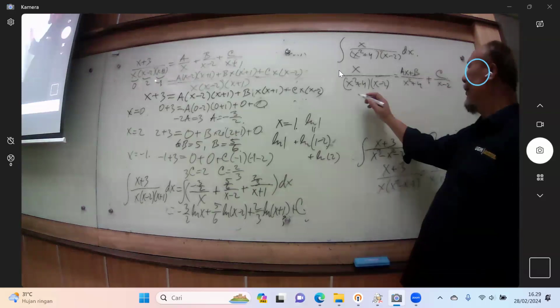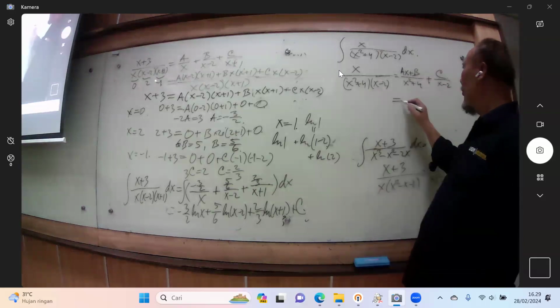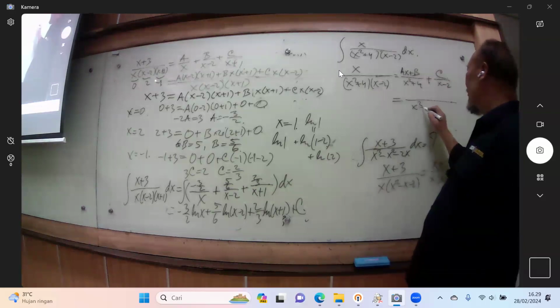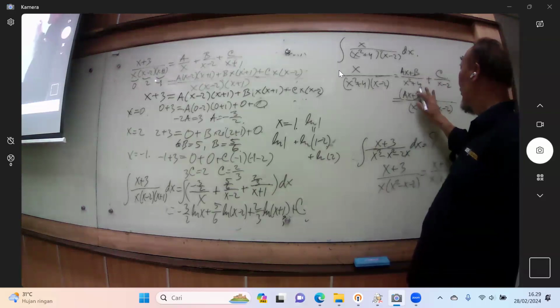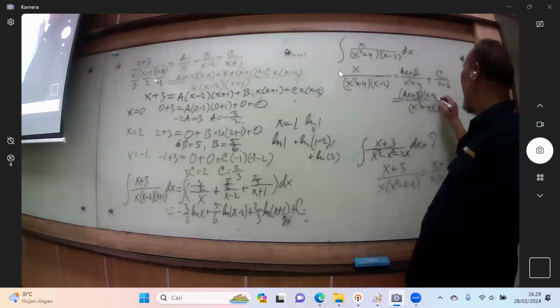So we can equalize the denominator, x squared plus 4 times x minus 2. So it becomes ax plus b times x minus 2, plus c times x squared plus 4.